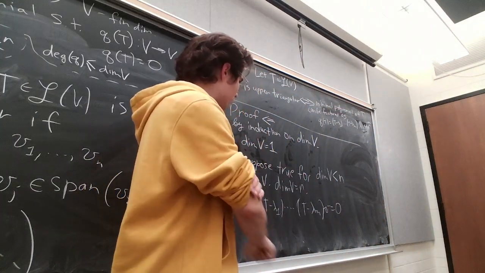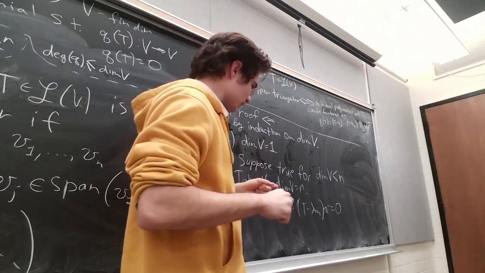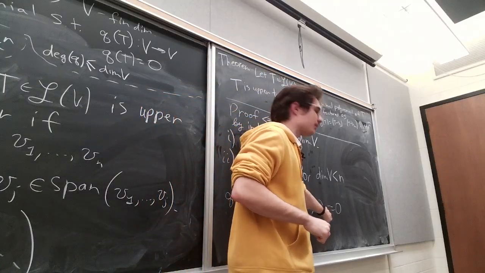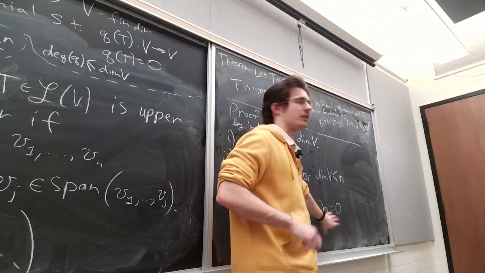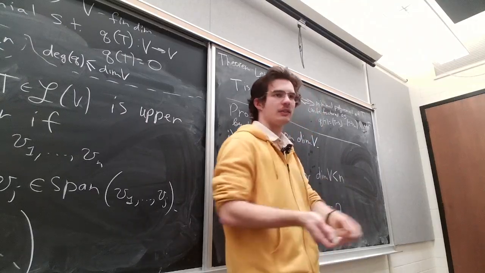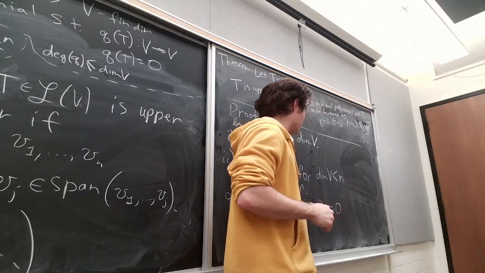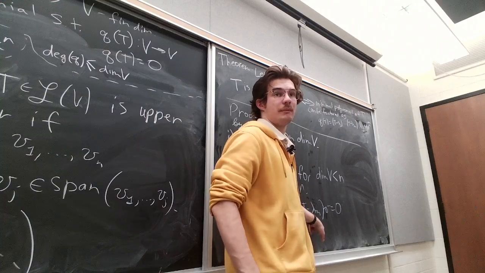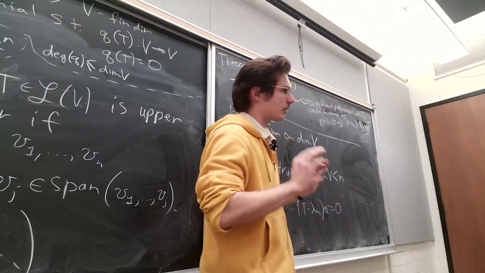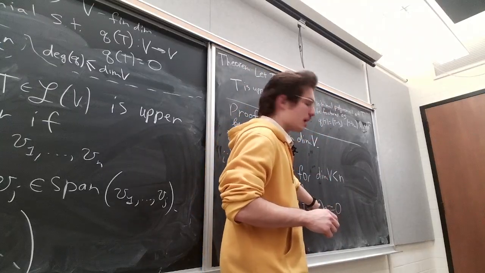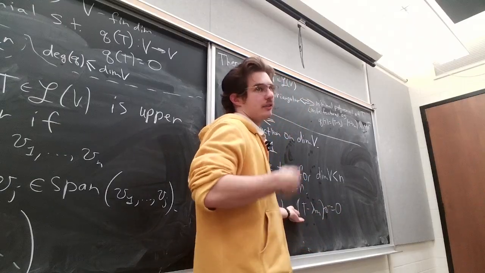But what does this mean? Suppose I apply this to v. It either gets sent to 0 or it doesn't. If it gets sent to 0, that means v has to be an eigenvector with eigenvalue lambda_m. Do you agree? Okay, so if it's 0, then we have an eigenvector and we're done. Suppose it's not 0. Then it's some non-zero vector, and I apply the next factor to it, and either get 0 or non-zero.